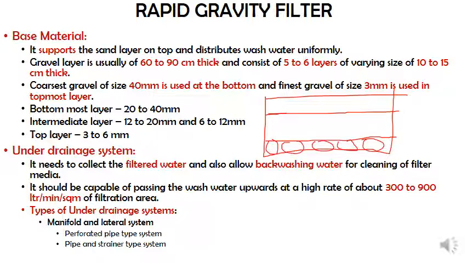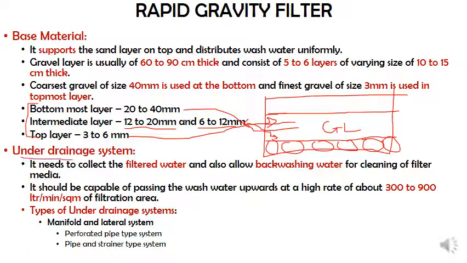In the gravel layer, the topmost layer will be 3 to 6 mm, the intermediate layers will vary from 6 to 12 mm or 12 to 20 mm, and the bottommost layer will vary from 20 to 40 mm. Based on these, the gradation of the base material is arranged.